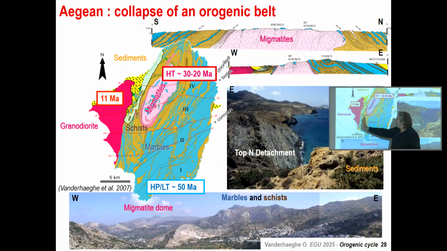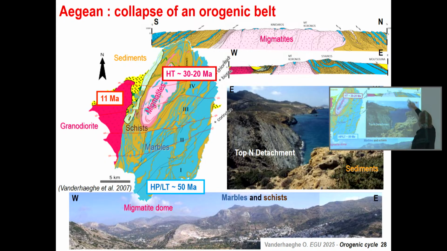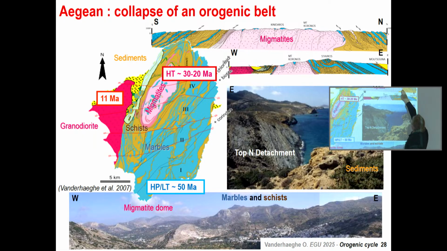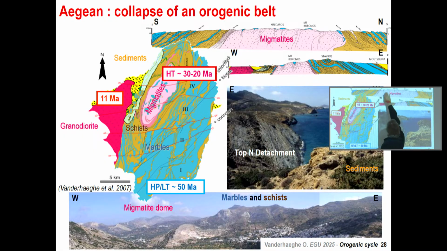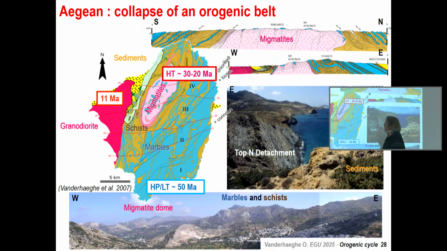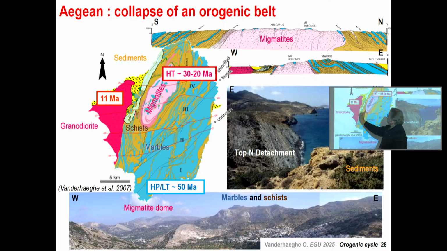If you take it in the north-south direction, and that's the cross-section north-south, it's going around the dome like this. And it bears a lineation that is northeast-southwest, and kinematic criteria that tell you it's top to the north.